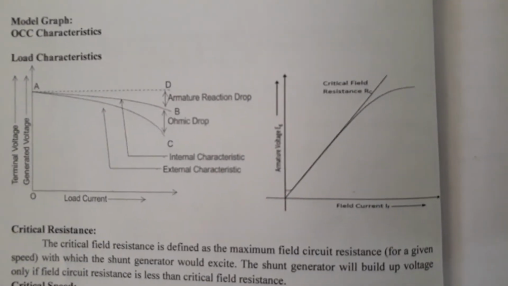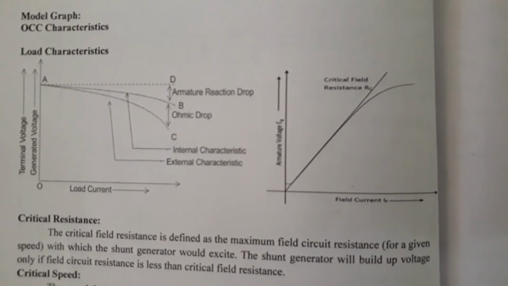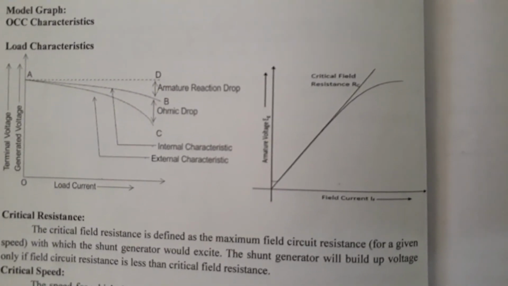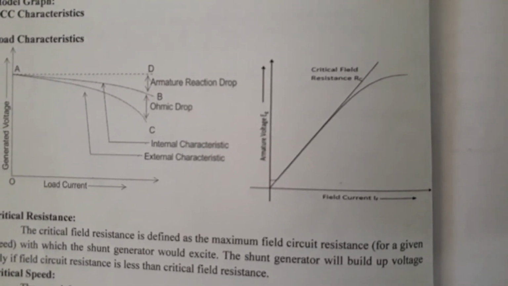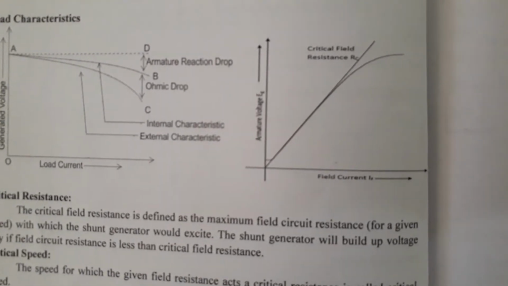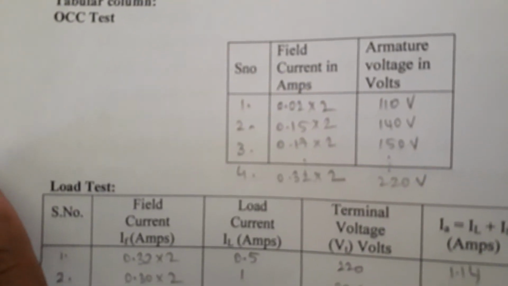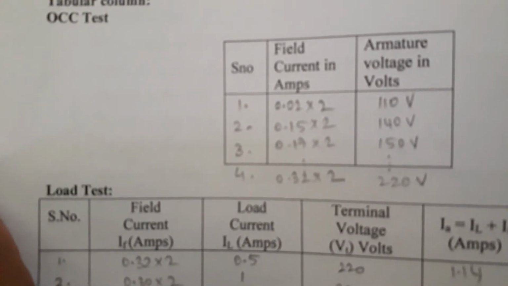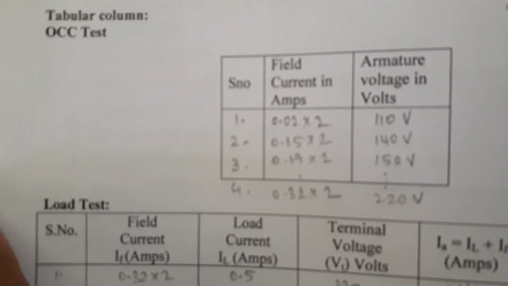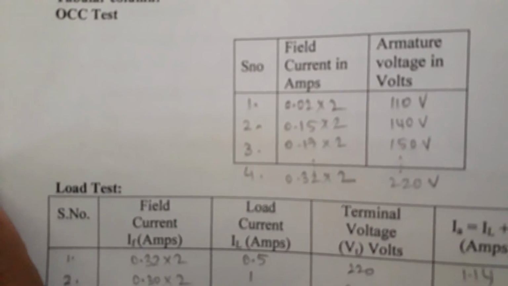So with the help of OCC data, we are going to plot this open circuit characteristics, right? You have field current versus your armature voltage from this tabular column. We have to plot 0.04 ampere for 110 volts and 0.3 amperes for 140 volts.